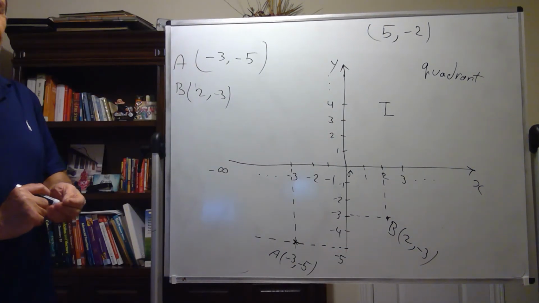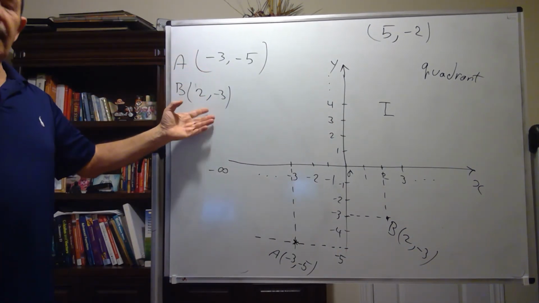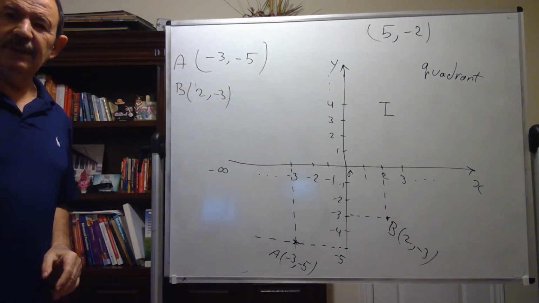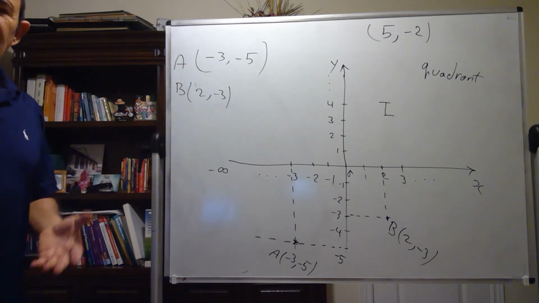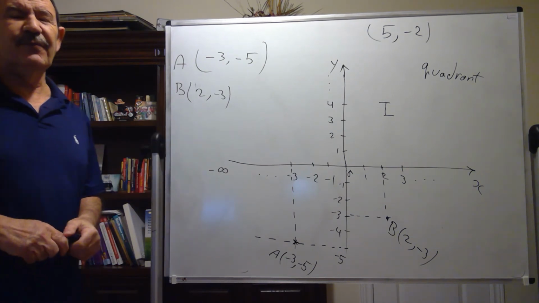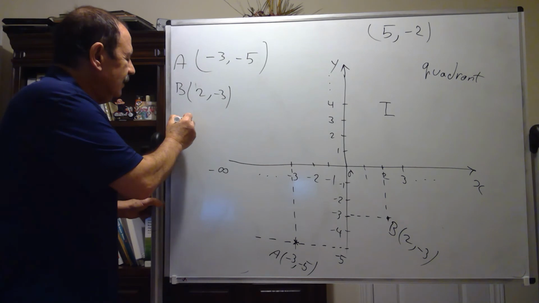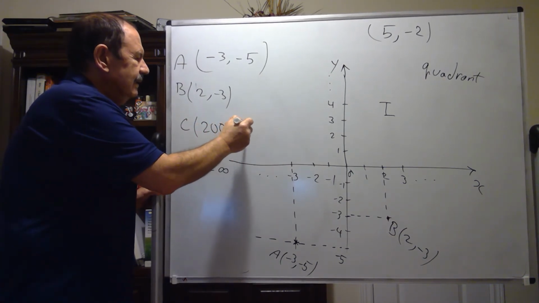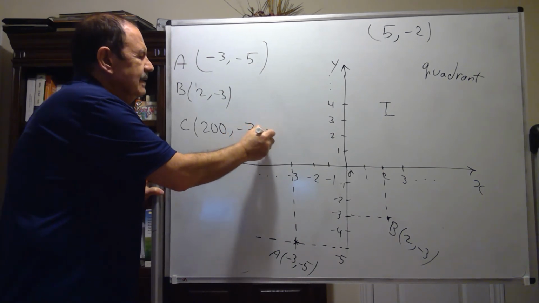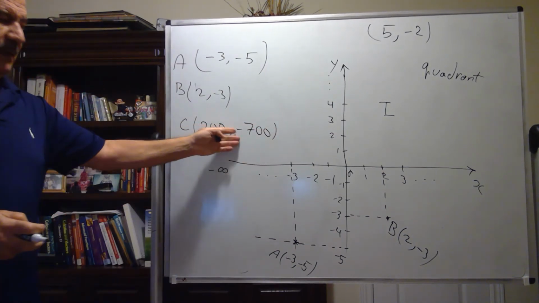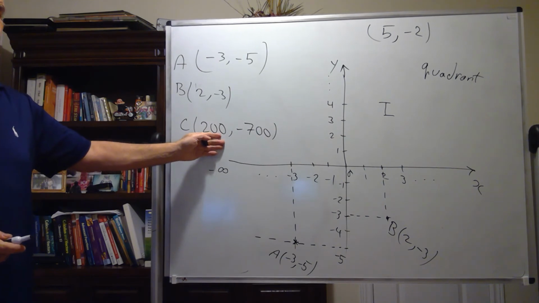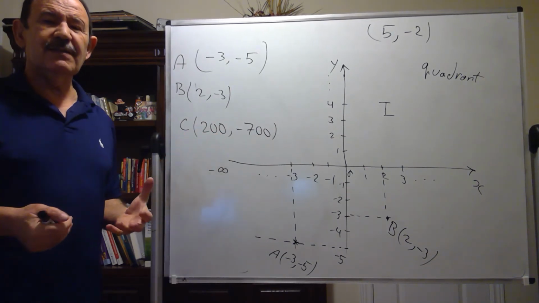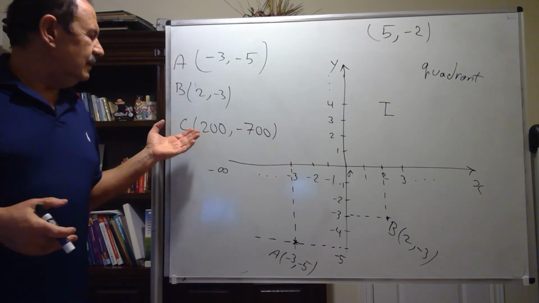We can graph any point when we have the coordinate of the point. Sometimes the question doesn't ask to graph it, it just asks to find the location. As an example, point C with the coordinate of 200 and -700. If I want to graph this one, they're big numbers, but the question is not asking me to graph it, it's just asking in which quadrant the location of this point is going to be.